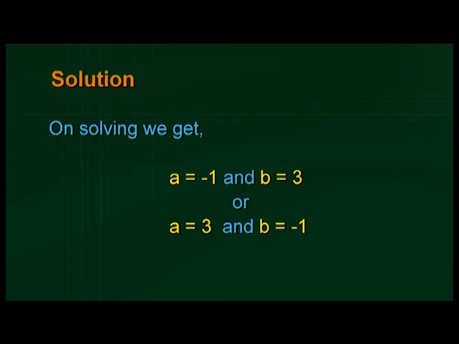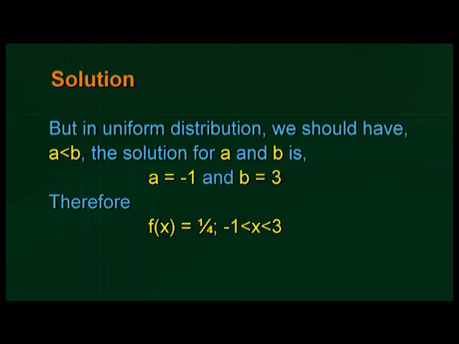Or by taking b minus a is equal to 4, we get a is equal to minus 1 and b is equal to 3. But in uniform distribution, we should have a less than b. The solution is a is equal to minus 1 and b is equal to 3.